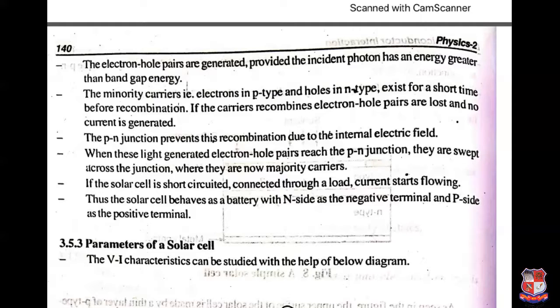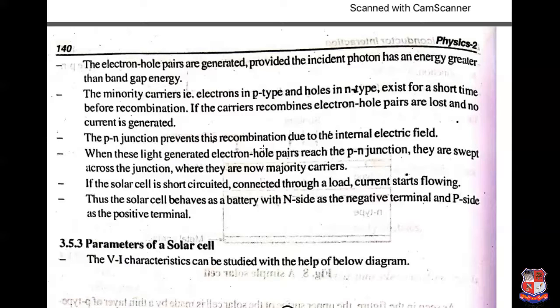The minority carriers, electrons in the p-type and holes in the n-type, exist for a short time before recombination. If the carriers recombine, the electron-hole pairs are lost and no current is generated. The p-n junction prevents this recombination due to the internal electric field.